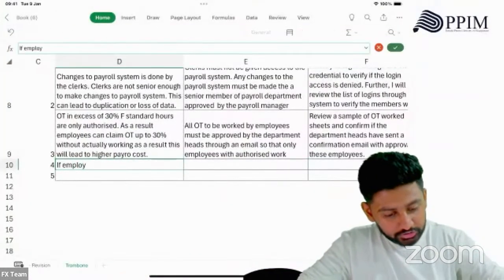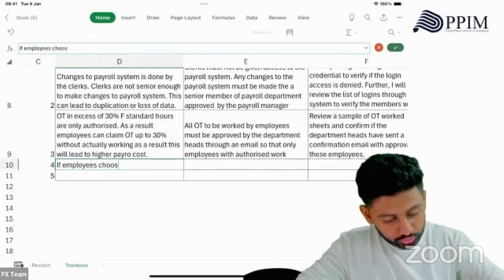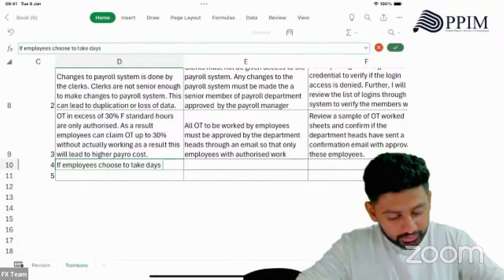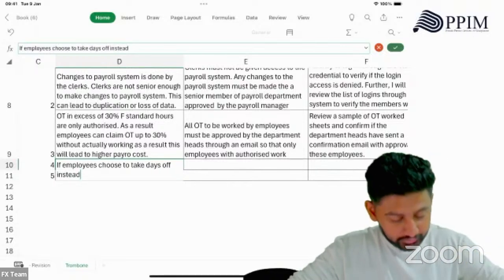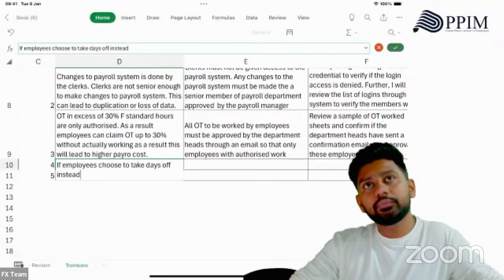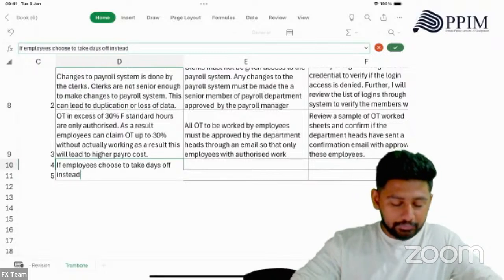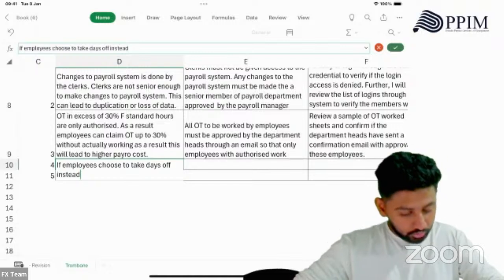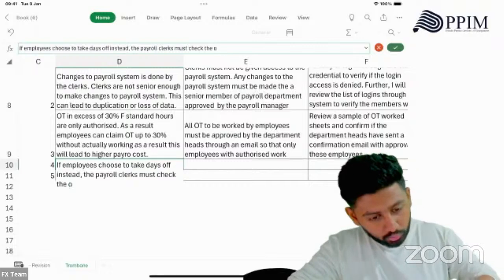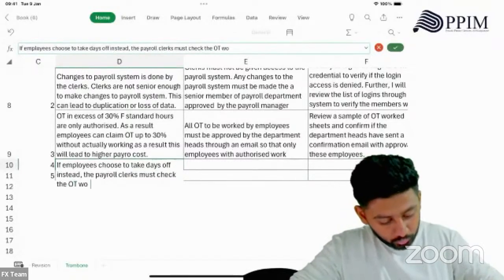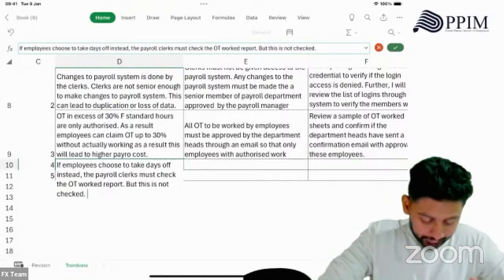So number 4: if employees choose to take days off instead of claiming for money, the payroll clerks must check the overtime work report, but this is not checked. So as a result, what can happen?